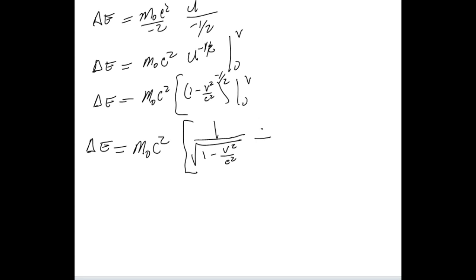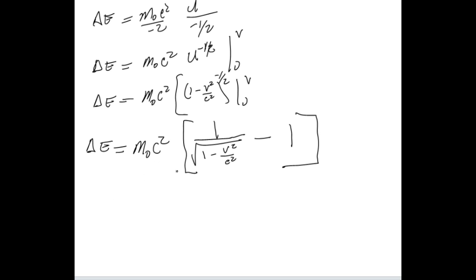Well, when v is 0, v squared over c squared is 0, so that's the square root of 1, which comes out to just 1.